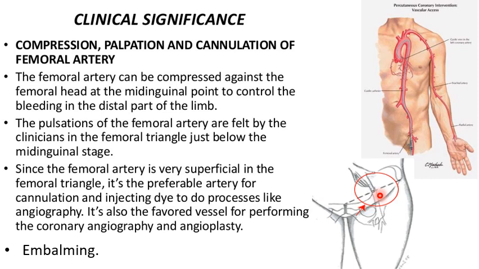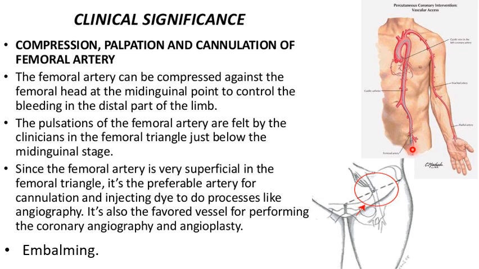And cannulation. This is how cannulation can be done via the femoral artery, which is superficial in the femoral triangle. It is a preferred artery for injecting dyes or sending cannulas for angiography.